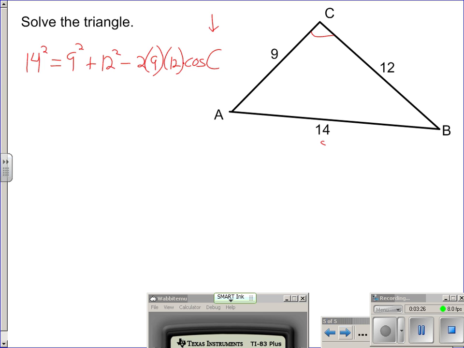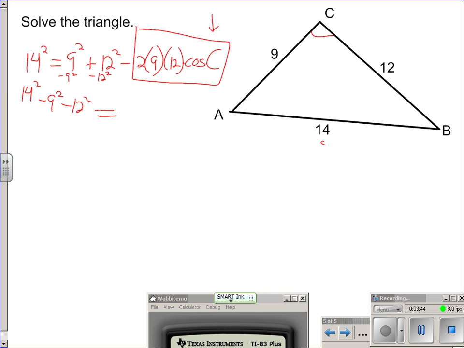So what we're going to do is solve. I've got 14 squared. I'm going to get this term by itself first. That means I'm going to subtract 9 squared and 12 squared from both sides. That changes the equal sign to be here.